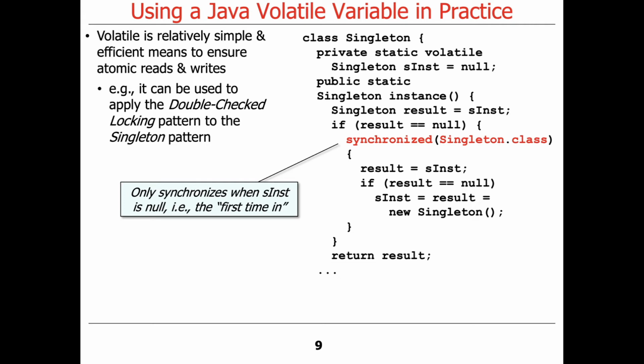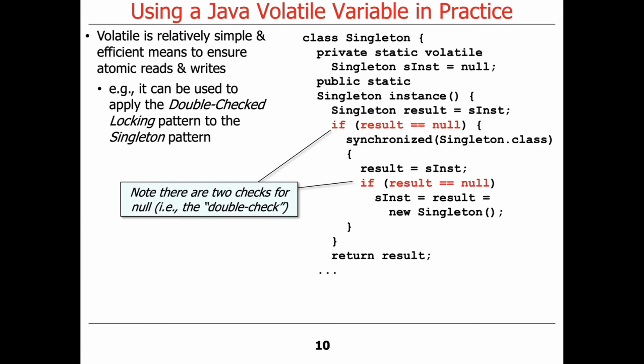They'll all initially find result, which is just the current value of sinst, to be null. Then they all go into this synchronized statement, and only one thread can go through at a time, because that's what synchronized means. We synchronize on the singleton class, which is always one of them, and it works fine for this purpose. So only one thread at a time gets to run in this section.